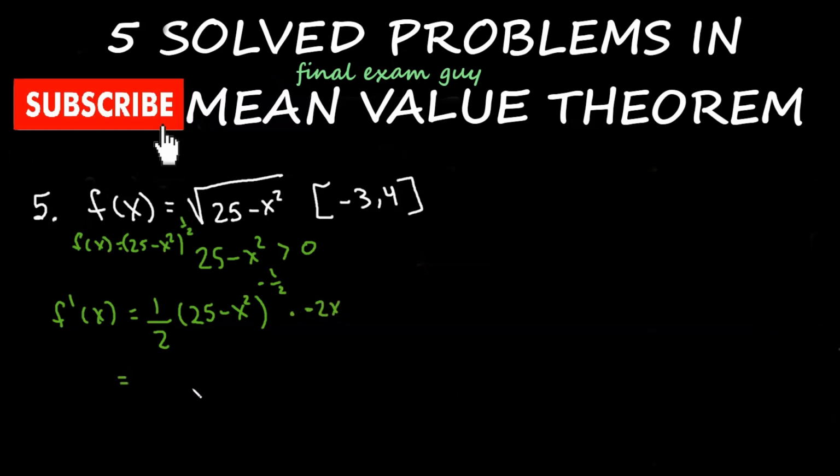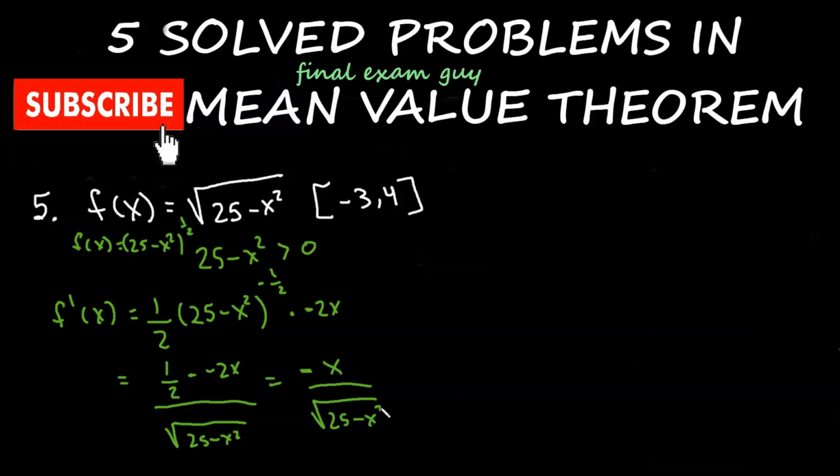And this just simplifies to 1/2 times negative 2x all over root 25 minus x squared, which is equal to negative x over root 25 minus x squared. This is a multiplication, just by the way.